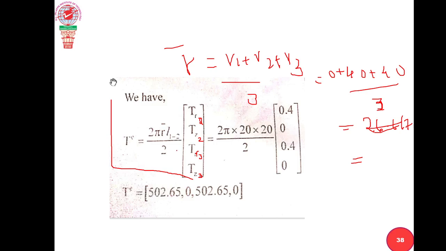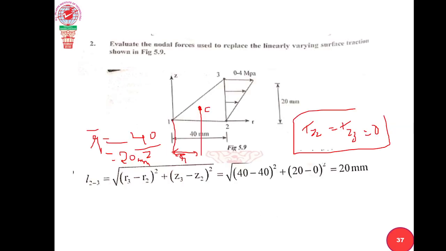Now next one is L. What is L? L23, acting with respect to node 2 and 3, L23 equal to root of (R3 minus R2) whole square plus (Z3 minus Z2) whole square.